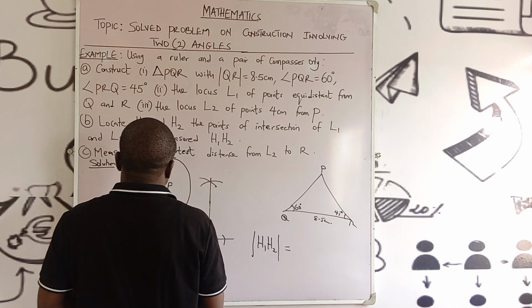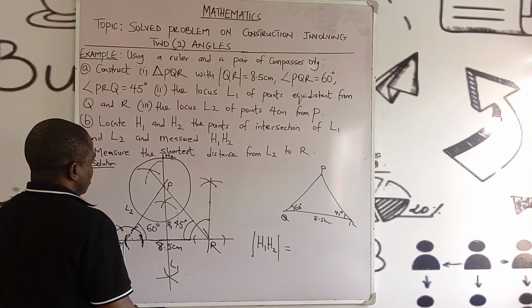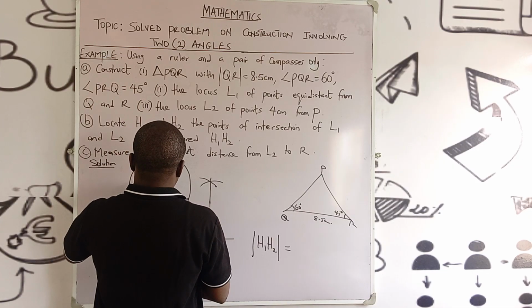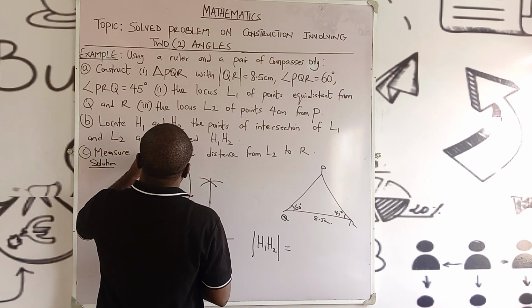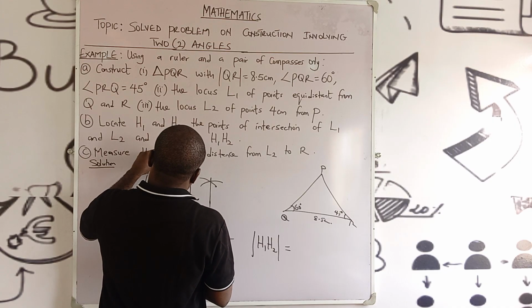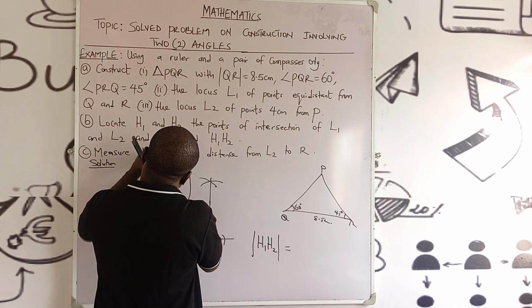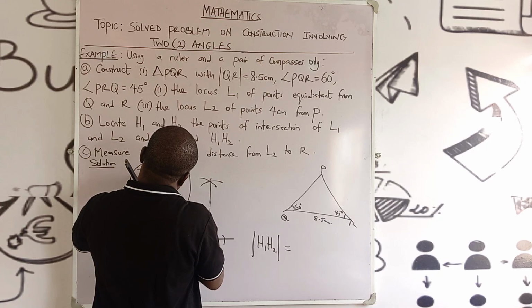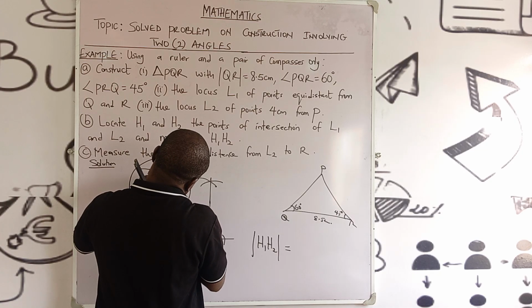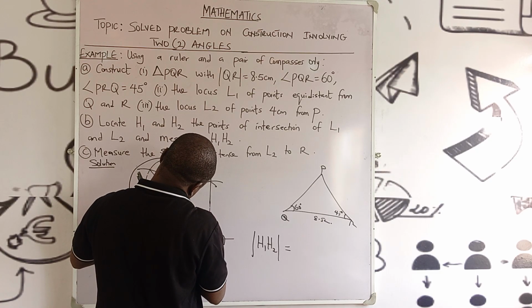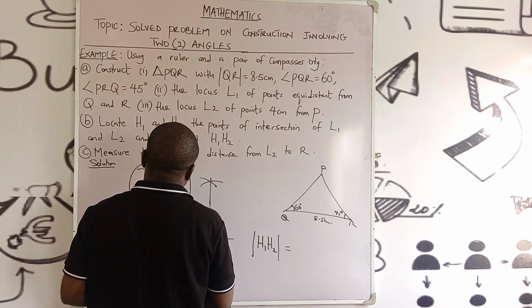Now I want to carry out the measurement with my ruler. I have H1, this is 10, from here to this point is 10 centimeter, 20, that's 25 centimeter.